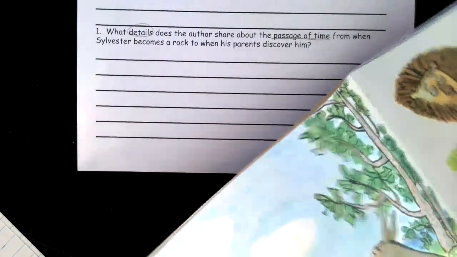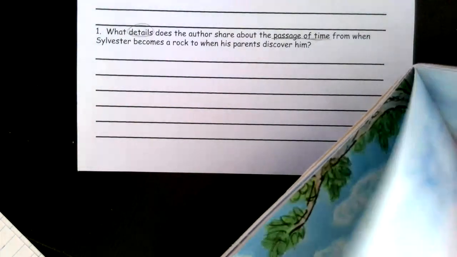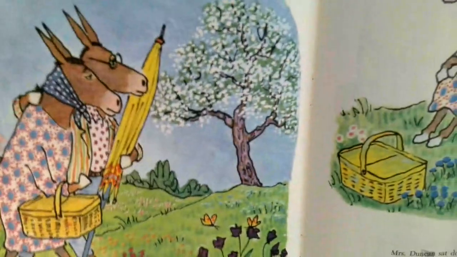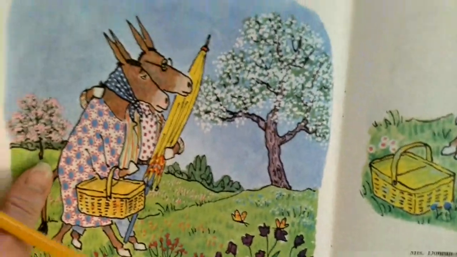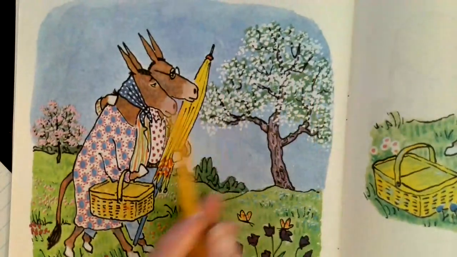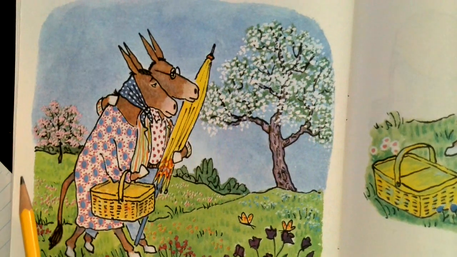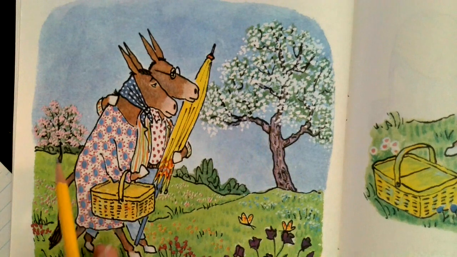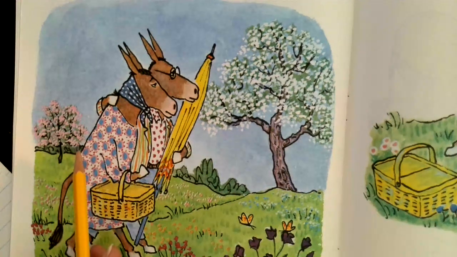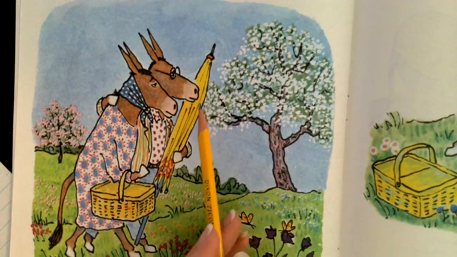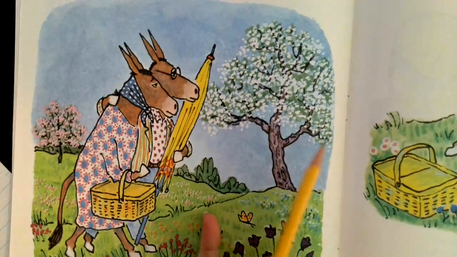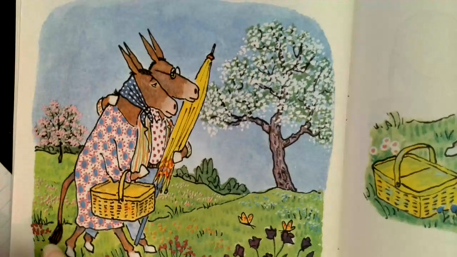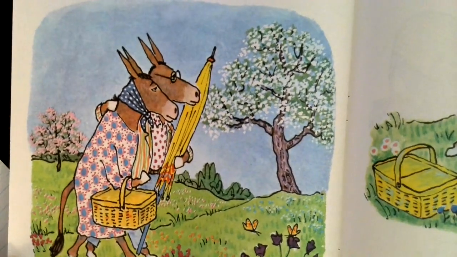One thing to note too is that back here when it is spring, I wanted to show you this. How can we tell that this is spring? What are we seeing here? Well, we're seeing the blossoms on the trees, which happens in spring, because we know that these blossoms are going to fall off, and then in their place we have some sort of fruit or seed that's going to grow.